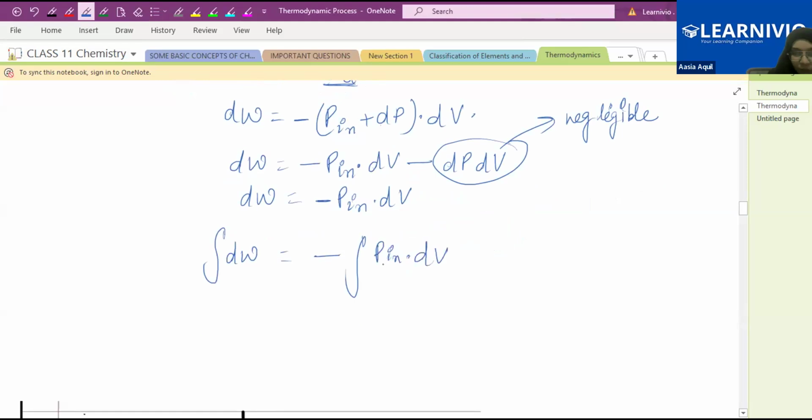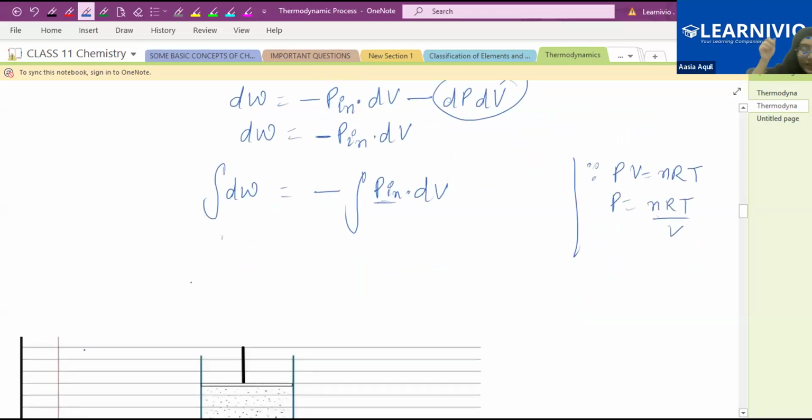You know very well what pressure is. From the ideal gas equation, PV equals nRT, so P will be equal to nRT upon V. Now you can substitute nRT upon V in place of P internal.